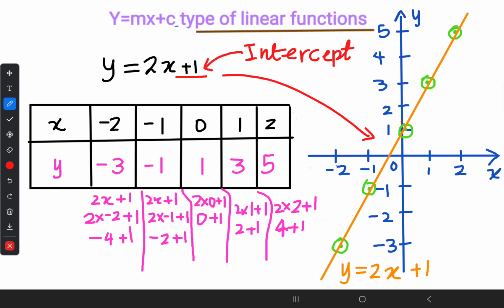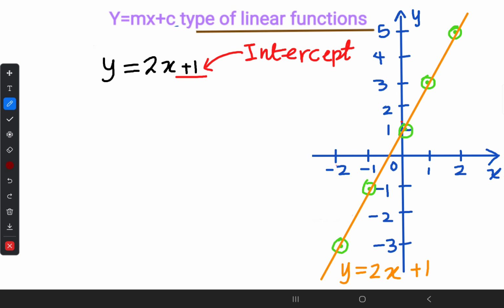Nothing new. To draw the graph is simple, but from here there is an additional thing: from that you can identify the intercept. First observation: this graph is a straight line graph, a linear function. Second, the observation with the intercept.